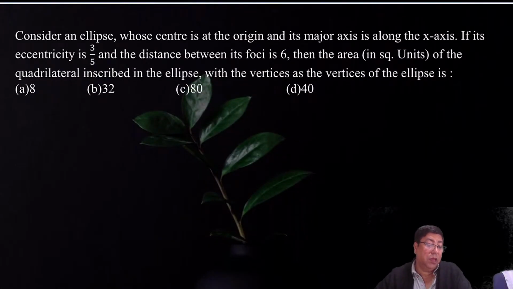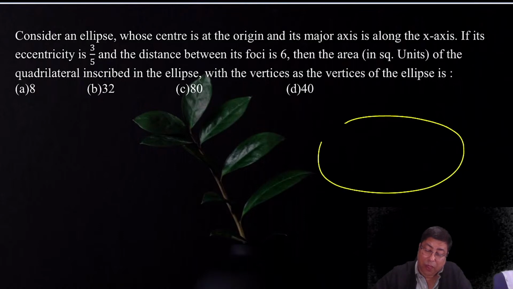Consider an ellipse whose center is at origin and its major axis along the x-axis. If the eccentricity is 3/5 and the distance between the foci is 6, then find the area of the quadrilateral inscribed in the ellipse with the vertices as the vertices of the ellipse.